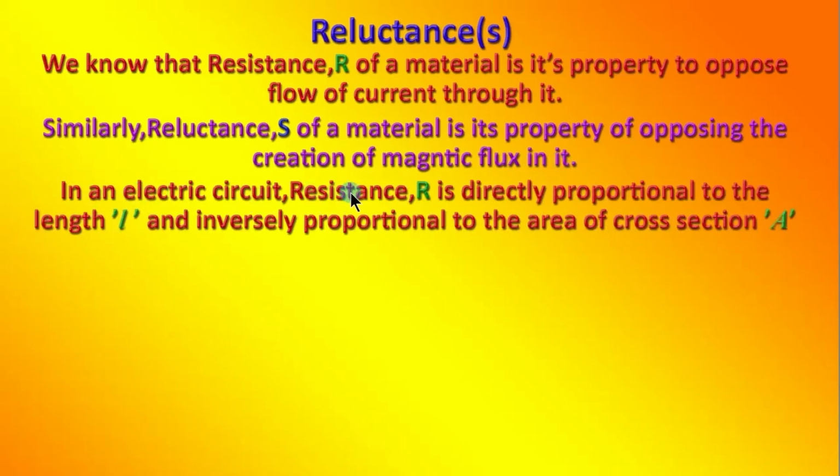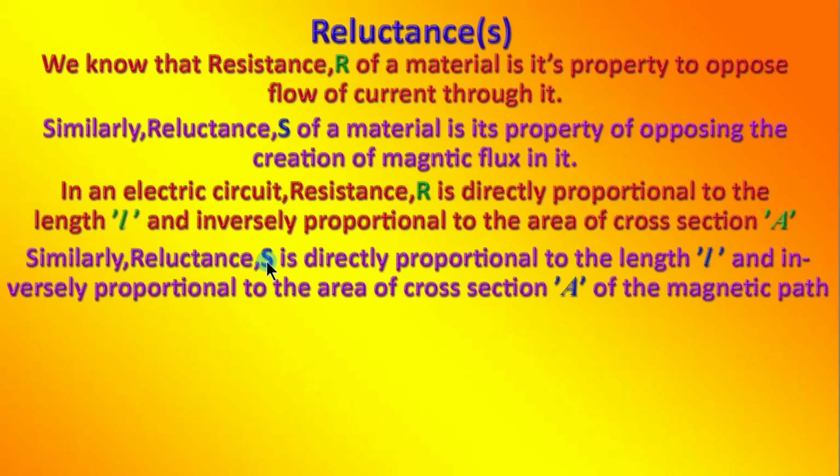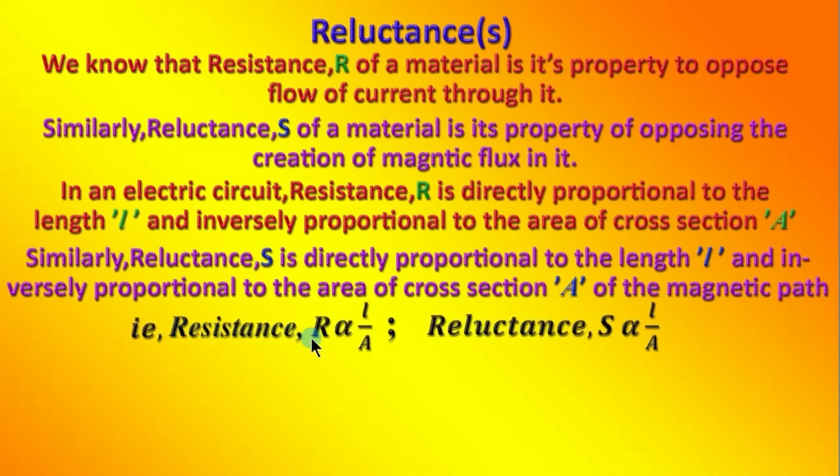In an electric circuit, resistance R is directly proportional to the length L and inversely proportional to the area of cross section A. Similarly, reluctance S is directly proportional to the length L and inversely proportional to the area of cross section A of the magnetic path. That is, resistance R is proportional to L by A. Here, reluctance S is proportional to L by A.